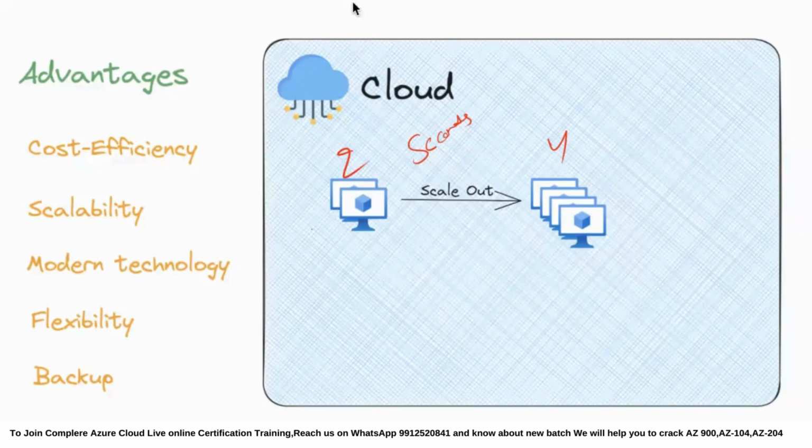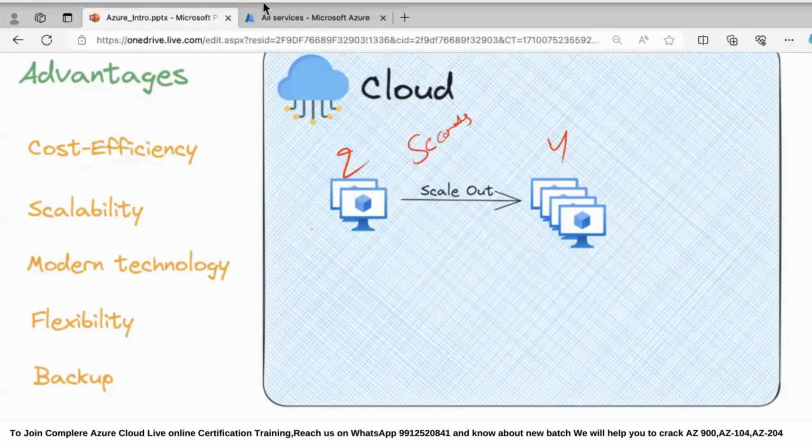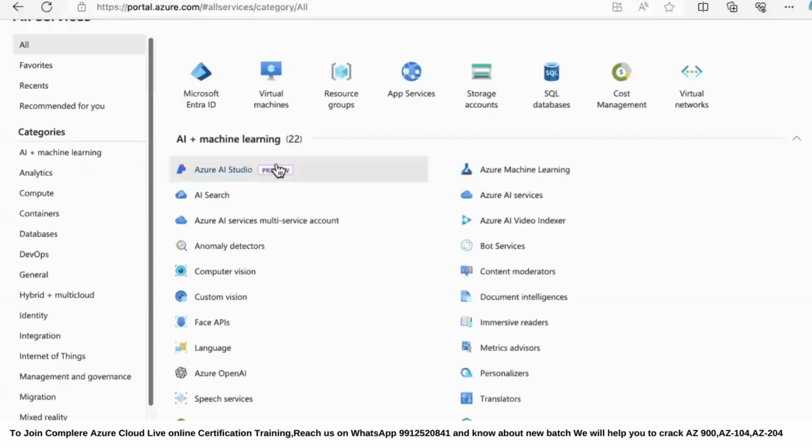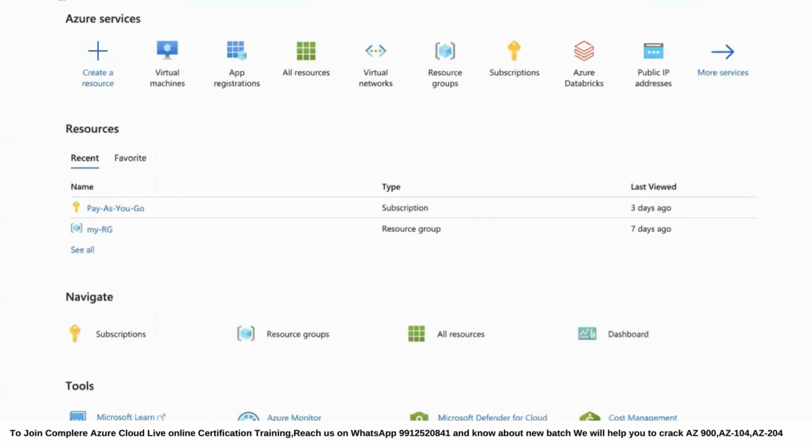Yeah, let's try to do some hands-on. So let's understand how cloud actually works, so that you will have more clarity on that. So what I will do is I will choose the Azure portal, and you can see the Azure portal looks like this. Once you access this web page, it will ask you for the login details, so you can use your login details, for example your Gmail.